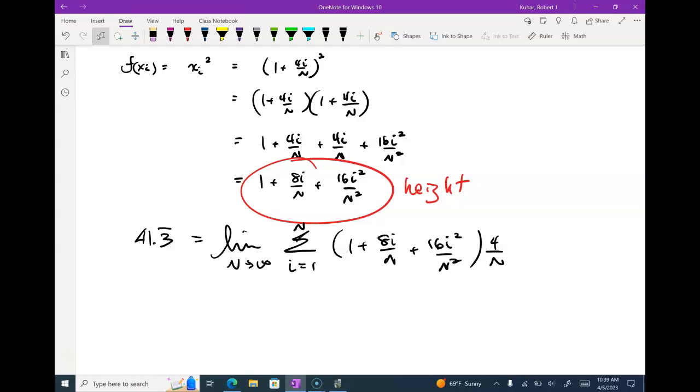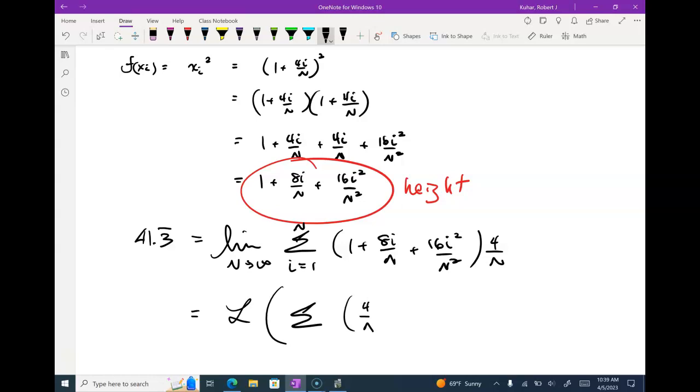How are we doing? We're okay? Good. Around this time, I get bored a little bit, so I start writing my limit as just an L, and I start writing my sum as just a sigma, right? And then I'm going to distribute in here, right?